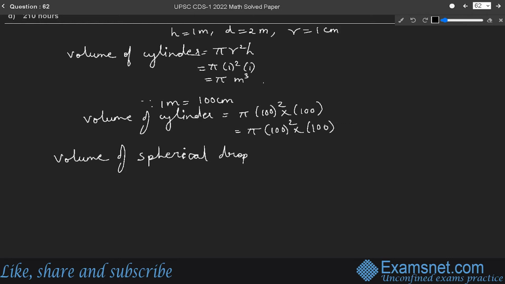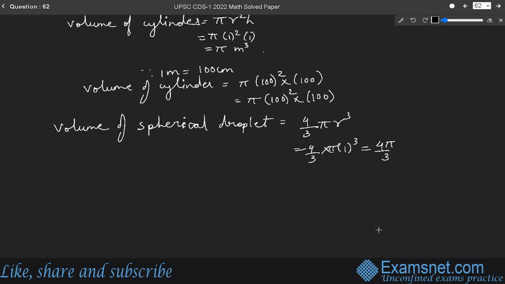Volume of sphere is 4 by 3 pi r cube, which is 4 by 3 into 1 cube, which is 4 by 3 pi. So the volume of the spherical droplet is 4 pi by 3. Therefore, we can say that 4 pi by 3 centimeter cube volume decreases per second.